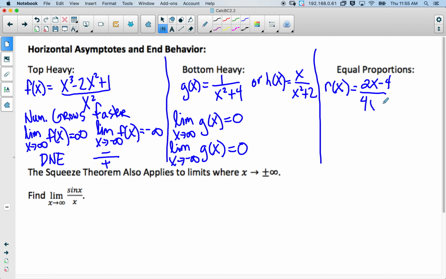Now in this case, the variables are growing at the exact same rate. What you want to do is circle or pay attention to the leading terms. These terms are going to determine what's going on with our function.